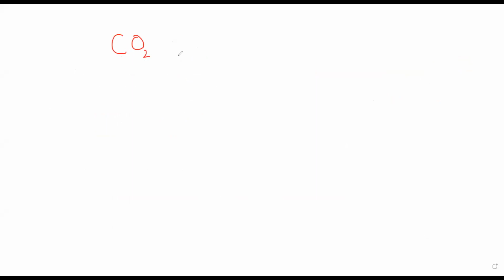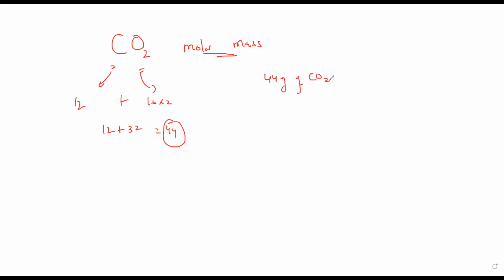When we find the molar mass, it will be carbon is 12 plus oxygen is 16 multiplied by 2, so that is 32. So 12 plus 32, the total will be 44. So if the molar mass is 44, it means 44 grams of carbon dioxide is called 1 mole of carbon dioxide.